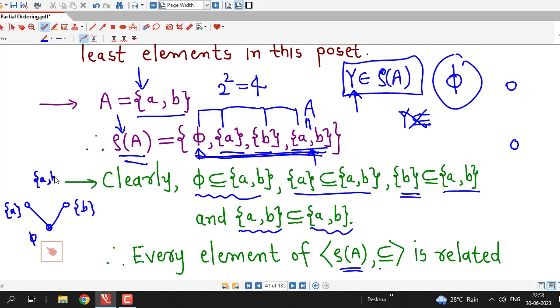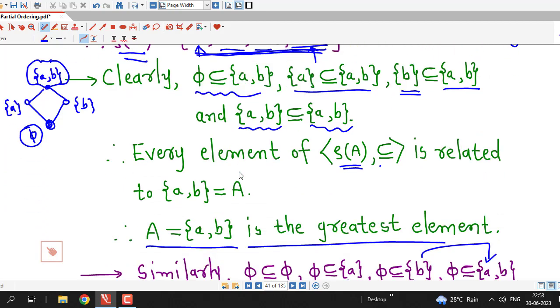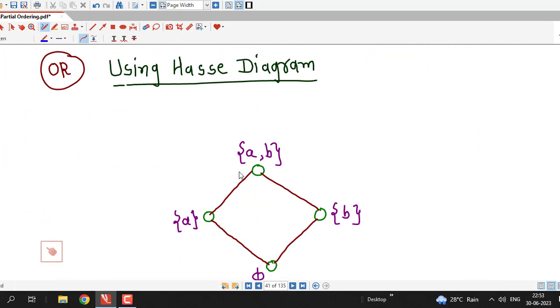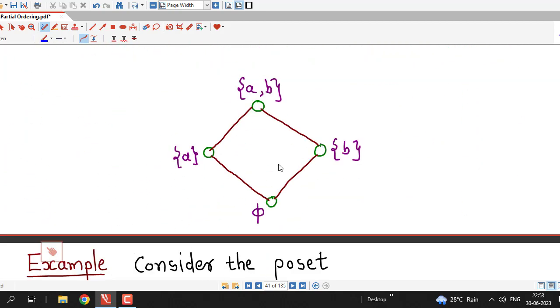Similarly, the set containing AB is a cover of these two sets. So we will have this type of Hasse diagram, and we can see at the bottom we have only one set, that is the empty set, and it is the least element, and at the top of the Hasse diagram we also have only one element, that is going to be the greatest element of the given partially ordered set. So this is the Hasse diagram.